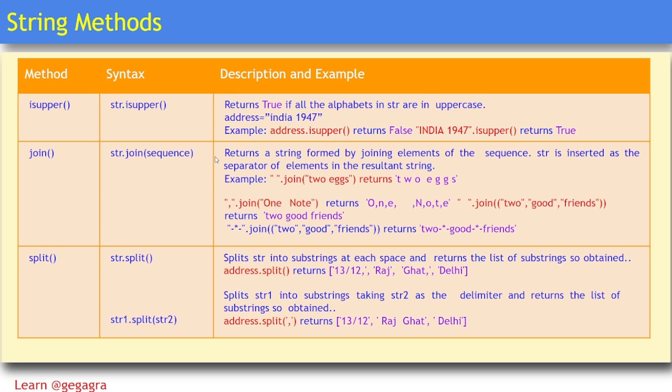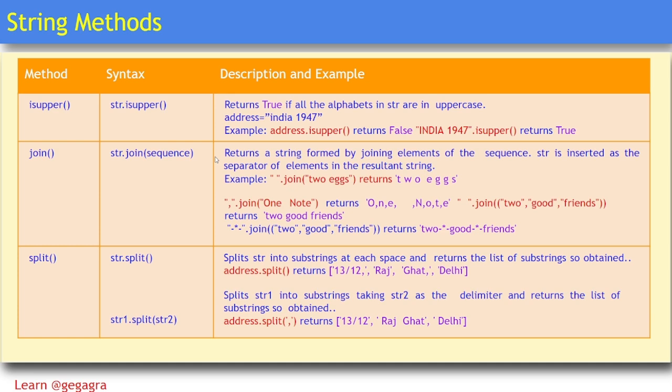Okay, now the next method is split. So what does split do? It splits a string into substrings at each space and returns the list of substrings so obtained. For example, address dot split. What is address? Address is 13 by 12, comma, 13 by 12, comma, Raj Ghat, Delhi.